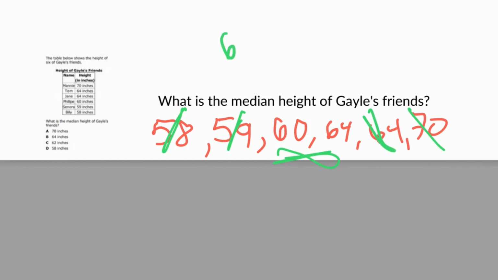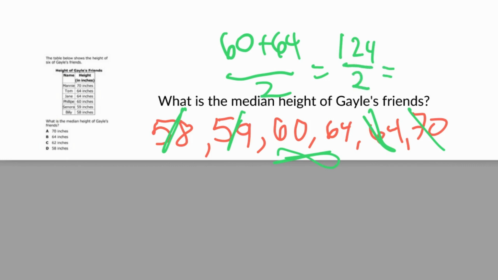Remember, you add them. 60 plus 64 is 124. Divide that by 2, and you get 62. So my median is 62.